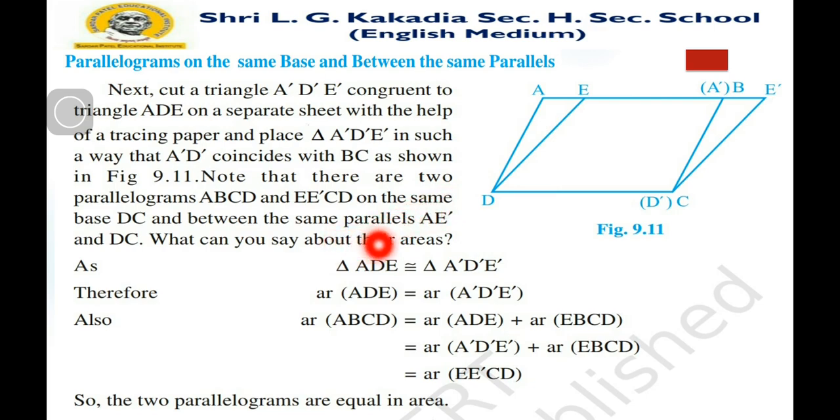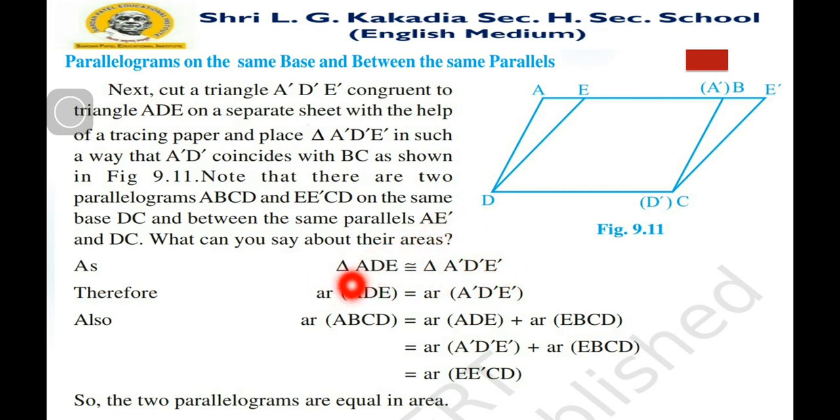So triangle ADE is congruent to triangle A dash D dash E dash, because we have just cut it and placed it, so both the triangles are same. And we know that if two figures are congruent, then the areas of these two figures are equal, so area of ADE is equal to area of A dash D dash E dash.